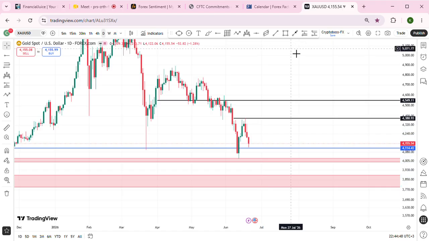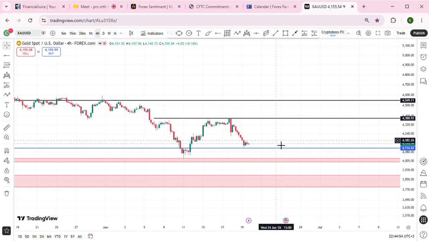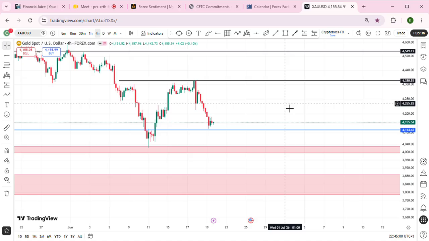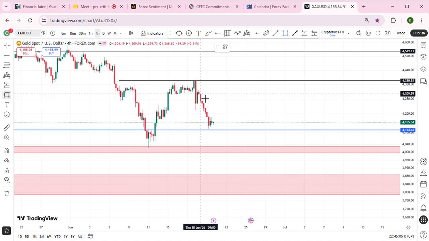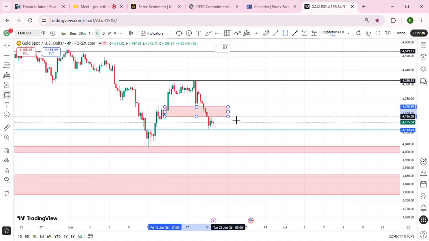Let's go to H4. Remember, Friday was a bank holiday, so the market might open with a lot of mix. That's why I said those who trade during the market open, kindly stay away from this market. Those who trade at 3 a.m. will be an example tomorrow.